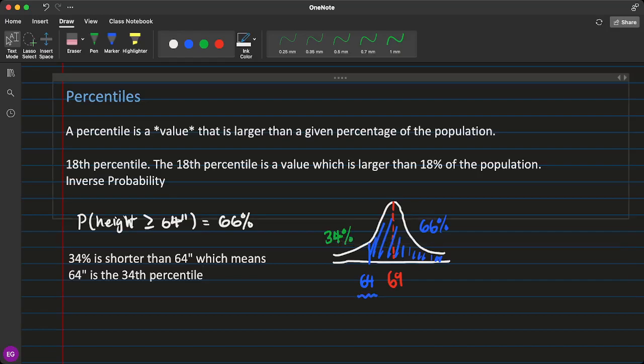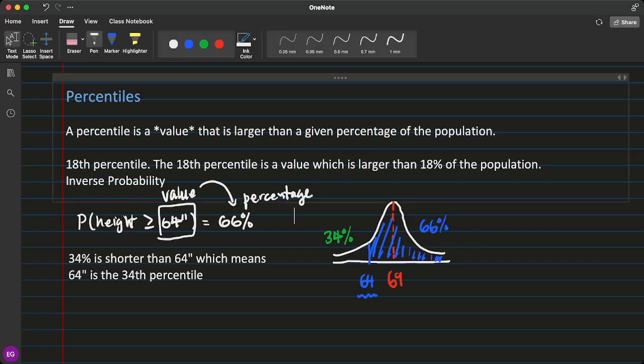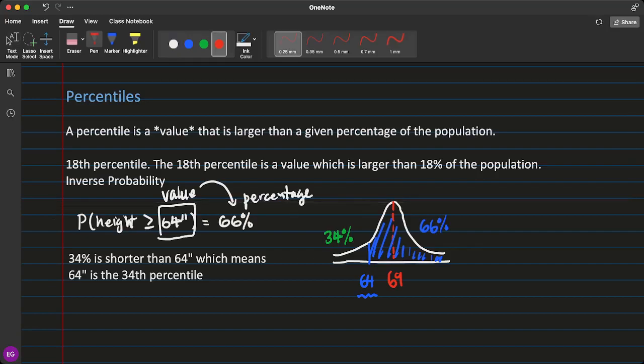So when we're calculating probabilities, I'll give you a value, like 64, and then we calculate a percentage. With inverse probabilities, it goes backwards. I give you a percentile or percentage. So let's say that in this case it's the 34th percentile.